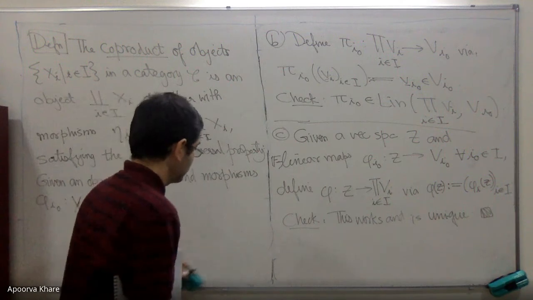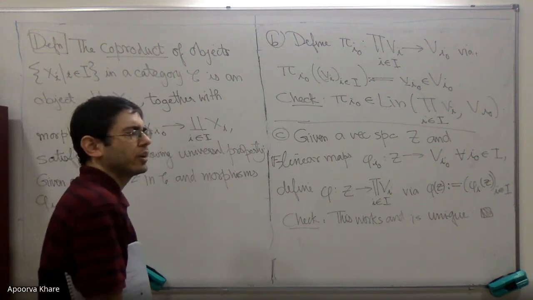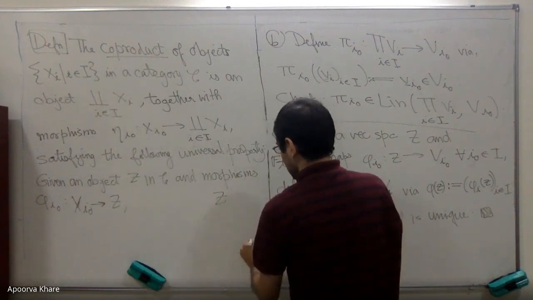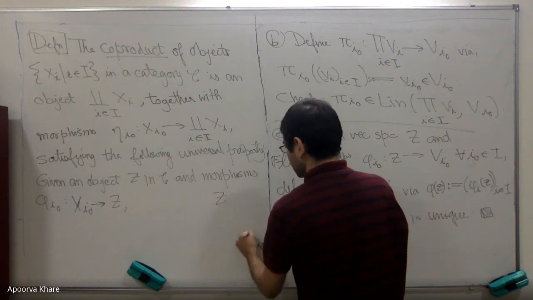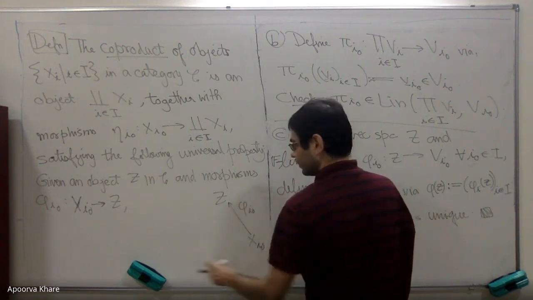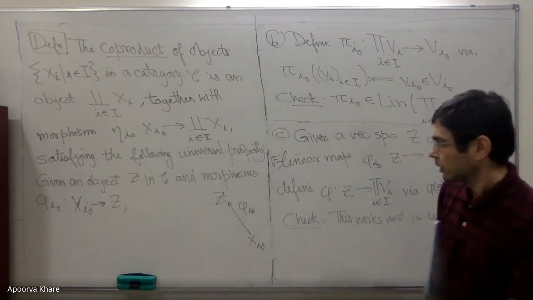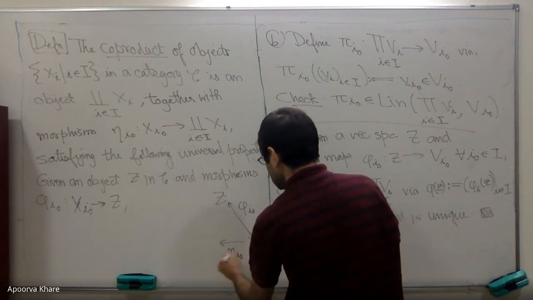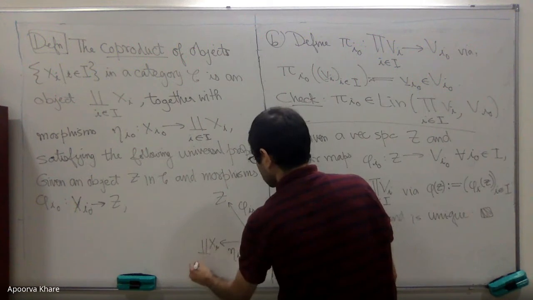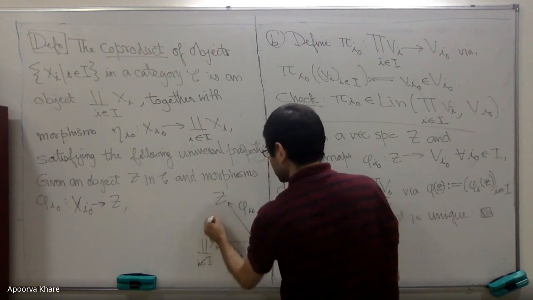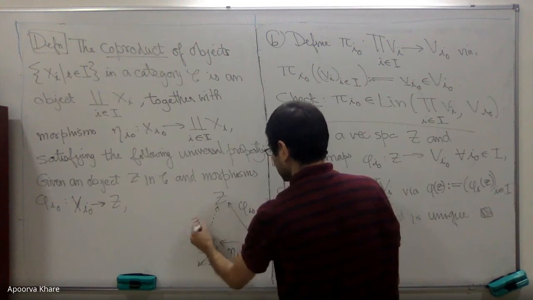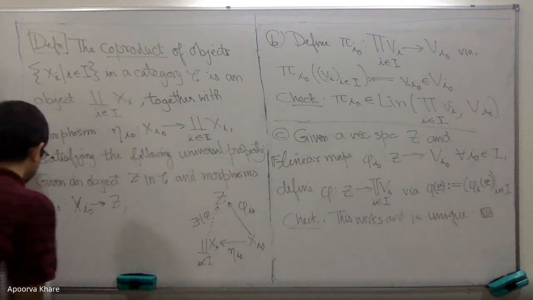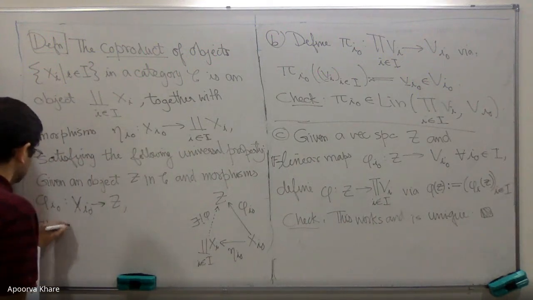There exists a unique map. So now again I draw the same picture, except now I have to draw it the other way. I draw Z, I draw X_{i_0}, and I have maps phi i_0. And then there are the maps eta i_0 that go from X_{i_0} to the coproduct. Then there exists a unique morphism going this way, which I'll call phi, such that the diagram commutes.